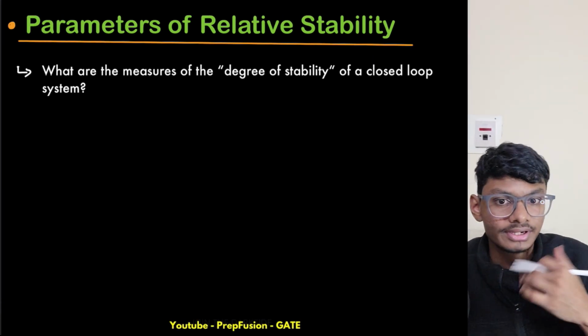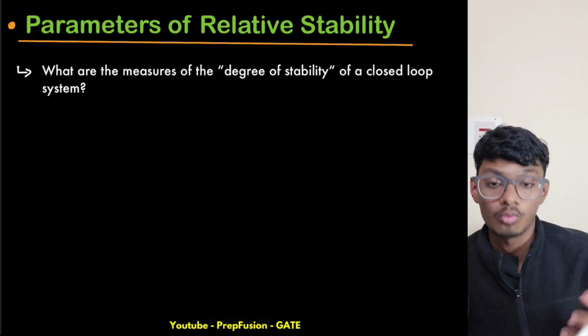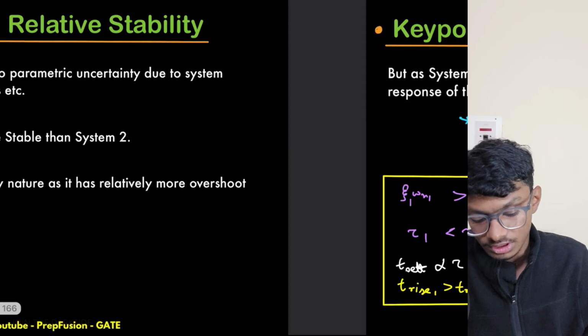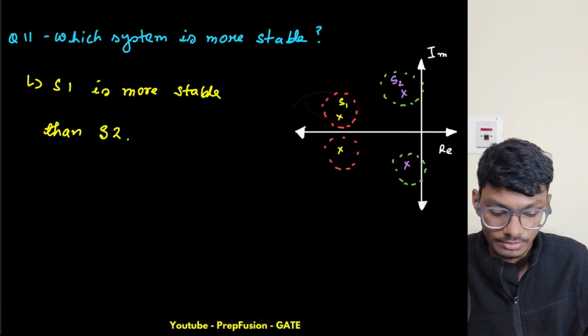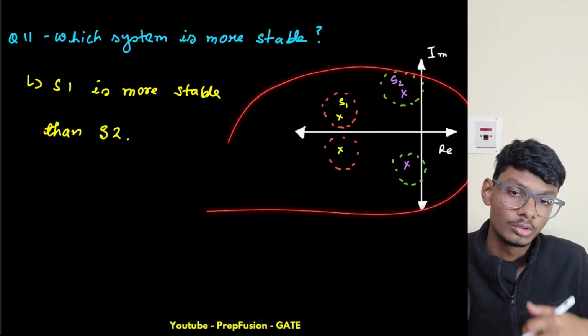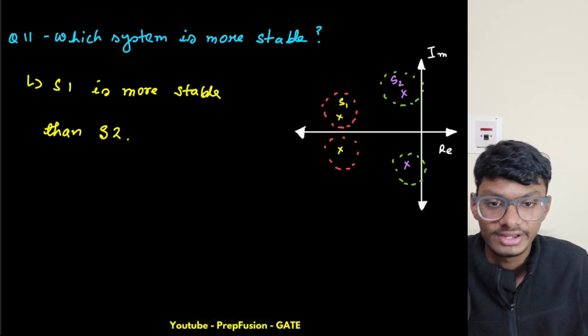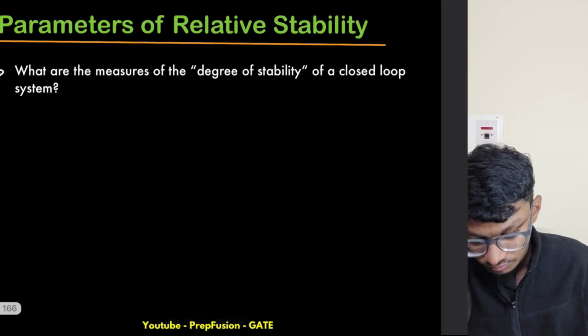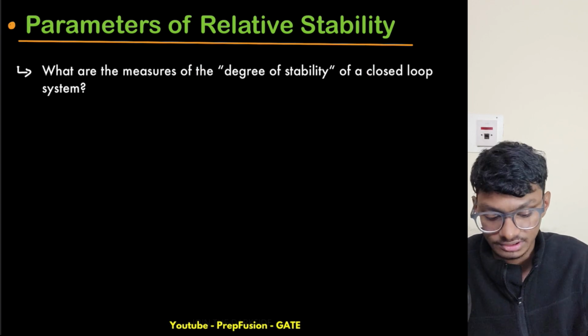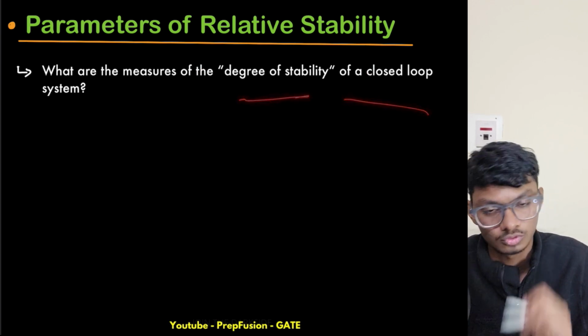I told you about the relative stability, but how will you measure it? I told you that if there is some variation, s1 is more stable than s2, but how do I quantify that? I just told you by visualizing it, but how can I actually quantify that? How do I measure the degree of stability? What parameters are there to measure the degree of stability of a closed loop system?